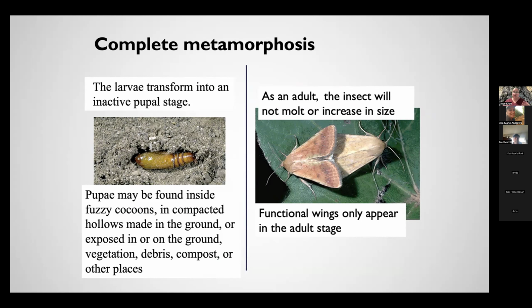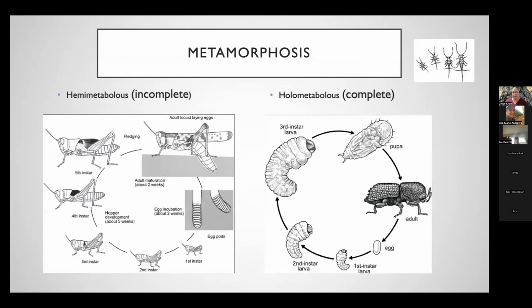So when an adult emerges, it's done. It doesn't shed its exoskeleton again, it doesn't get larger. Its abdomen can expand, but it doesn't get larger as far as growing length or width. Functional wings only appear in the adult stage.